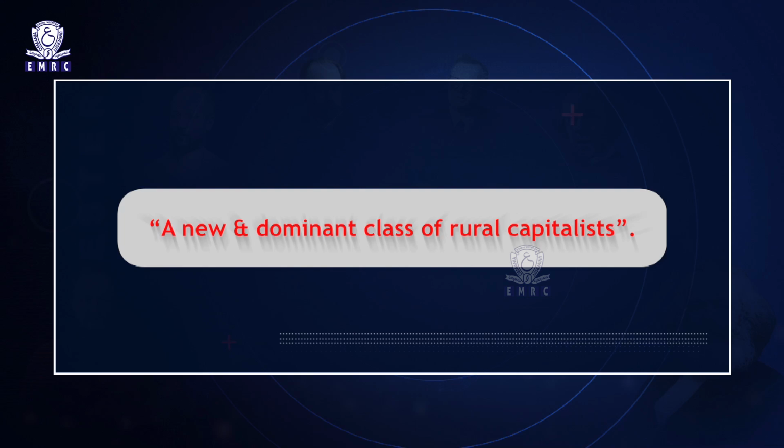They are now designated as big landowners and along with the rich peasantry have formed a new and dominant class of rural capitalists. Despite these observations, there is no denying the fact that after independence exploitation and oppression of tenants and actual tillers of the soil has declined steeply and the feudal rural structure has crumbled down.